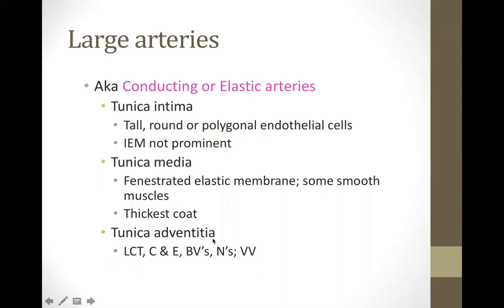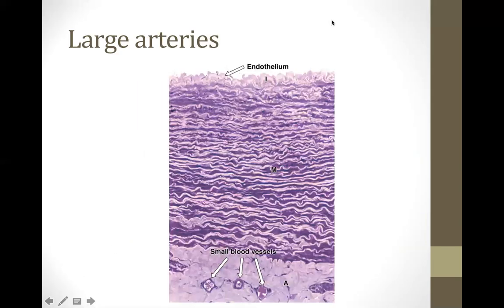Now, the tunica adventitia is comprised of loose connective tissue, your collagen and elastic fibers, blood vessels, nerves, and... what is that VV? Oh, sorry, about the typo. It's not VV. So, this is the artery. You already know, class, that this is an artery. Why? Because from this tip of the pointer up to this area, what coat is that, class? What layer of the blood vessel?